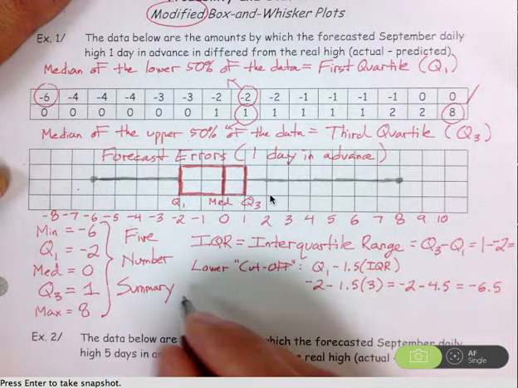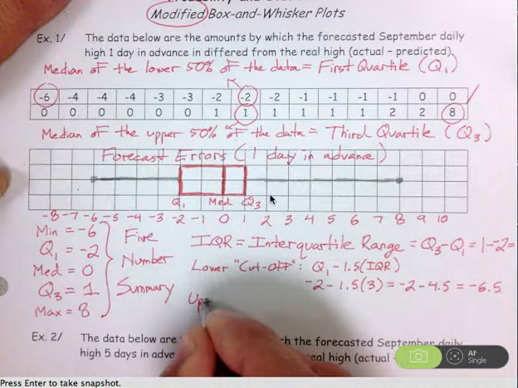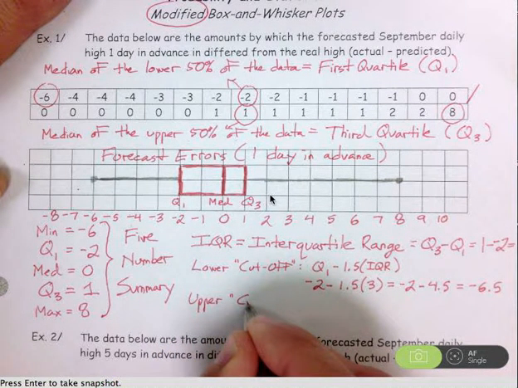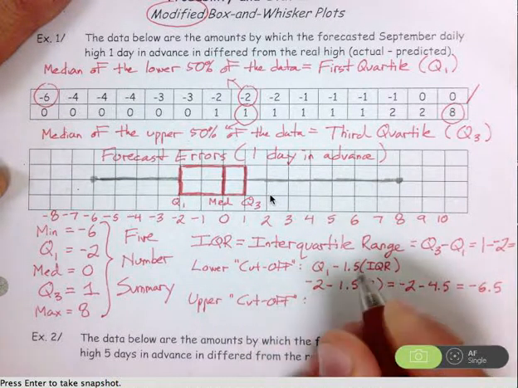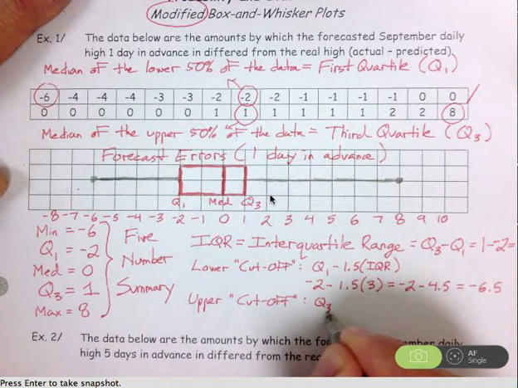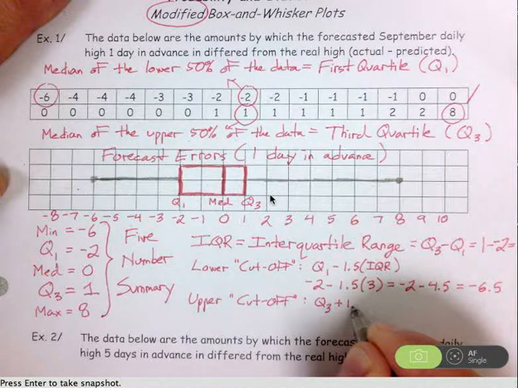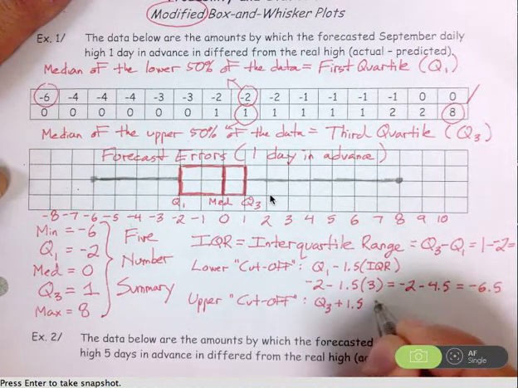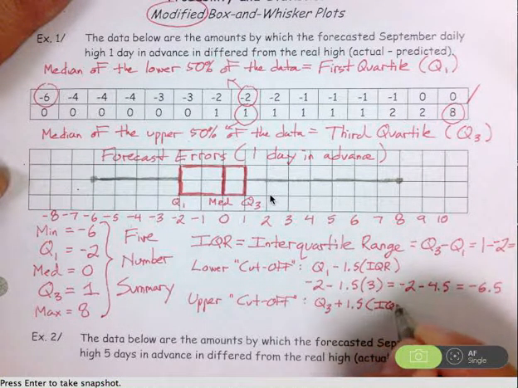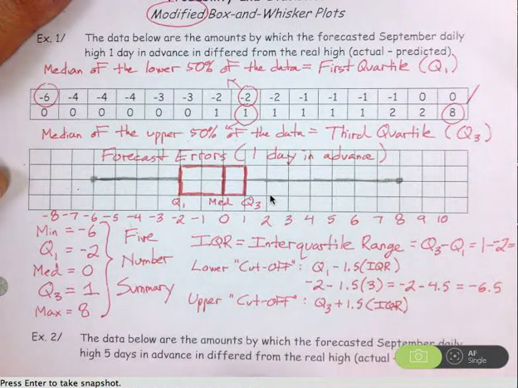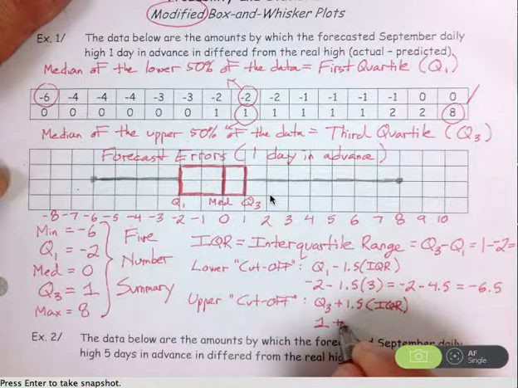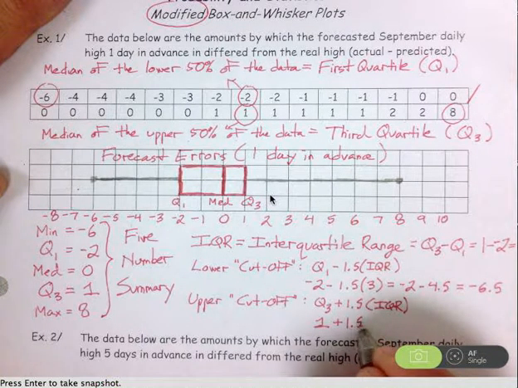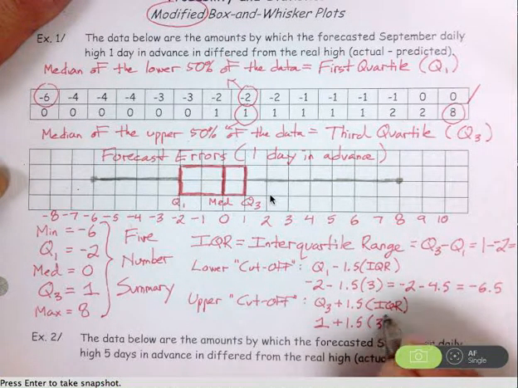So the upper cutoff, in this case, we take Q3 and we add 1.5 times the interquartile range. So Q3 is 1, and we will add 1.5 times the IQR, that's 3.